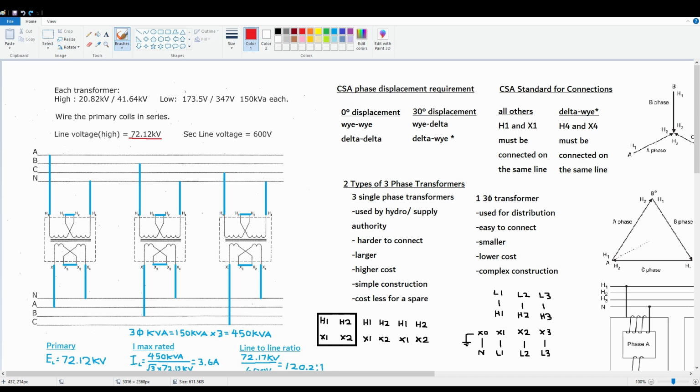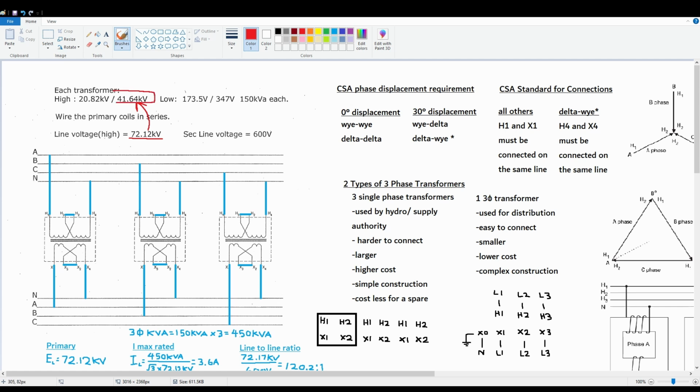So if our line is 72 kilovolts, our phase voltage will also be 72 kilovolts, but our transformer isn't rated for that many volts. So we're gonna actually have to do this connection in a Y because phase voltage reduces line voltage by √3. So we just have to divide that by √3 and we actually get this number right here. So that means we're gonna have to connect it in Y.